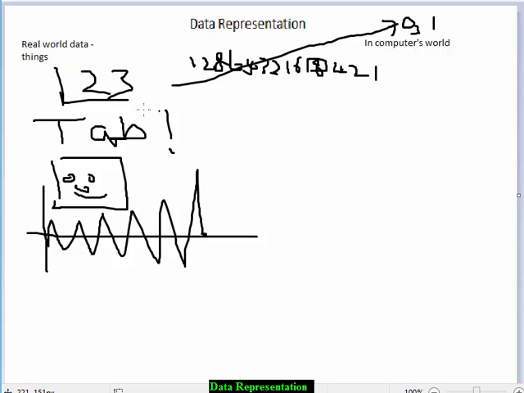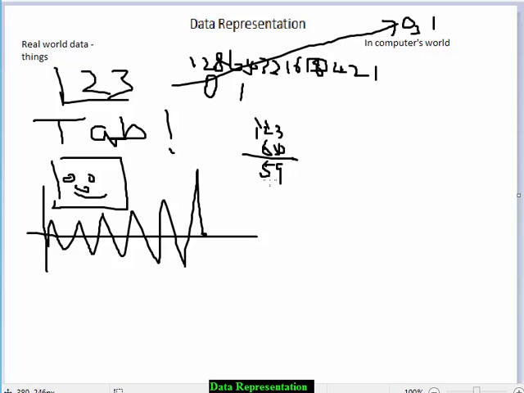Now if I have the number 123, there is no 128 inside 123, so you cannot divide 128 into 123. 64, yes, you can, then you have something left. How much left? 123 minus 64 is 59. So you got 59 left.